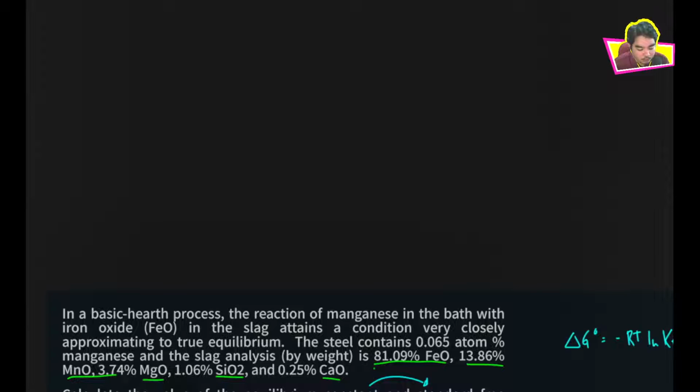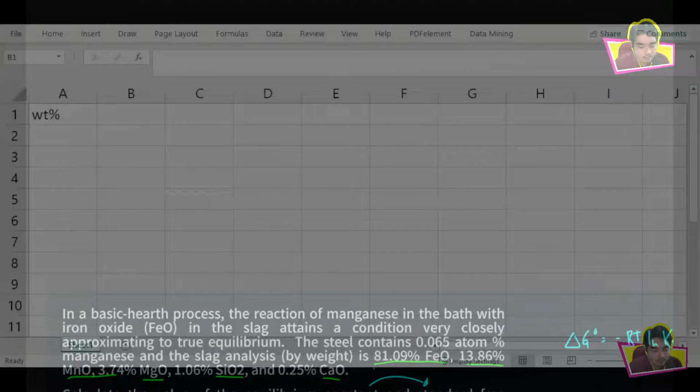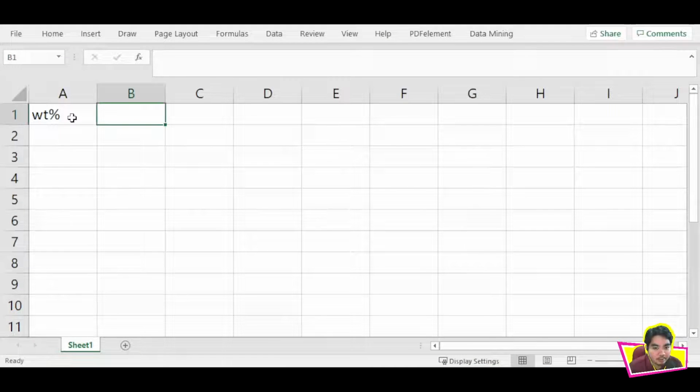Nakita niyo yung Excel ko? Hindi po. Ay, hindi pa. Ayan. Kita na, no? Okay na po. Okay, thank you. Si Joanna ba yun? Thank you, Joanna. Or si Hazel.